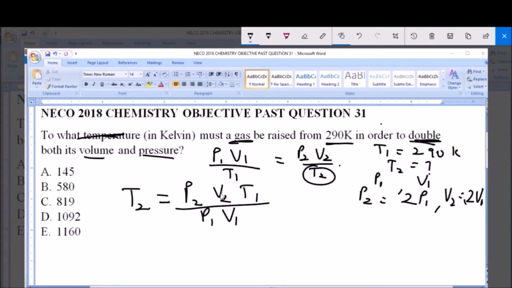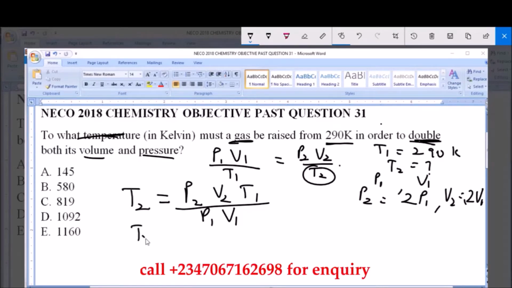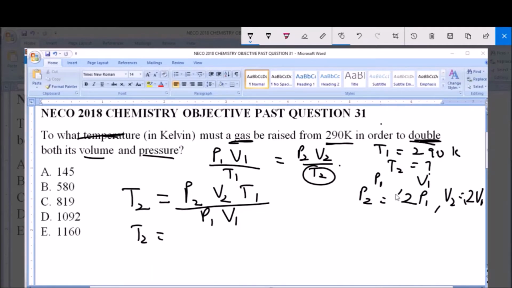So this is the expression to get our final temperature. Now let's substitute each value. P2 is 2P1, that is double the value of P1. So 2P1 times V2, which is 2V1, times T1, which is 290, over P1 V1.